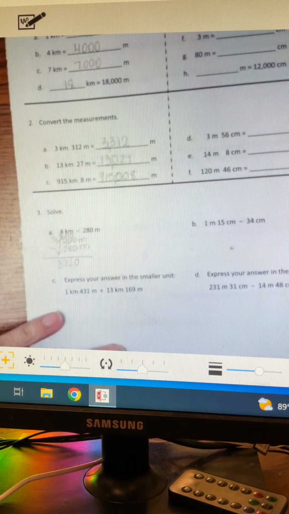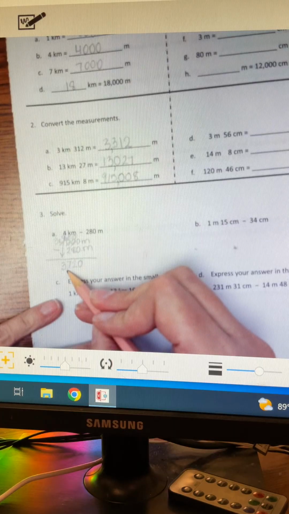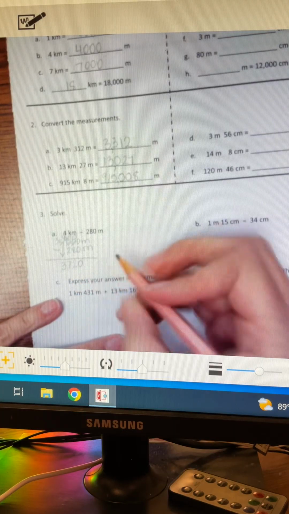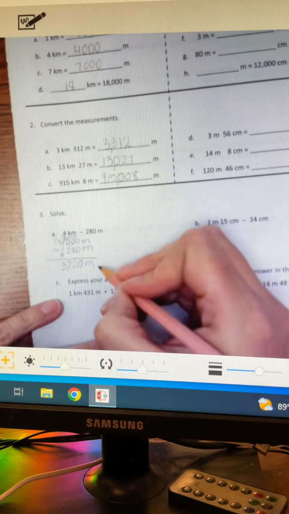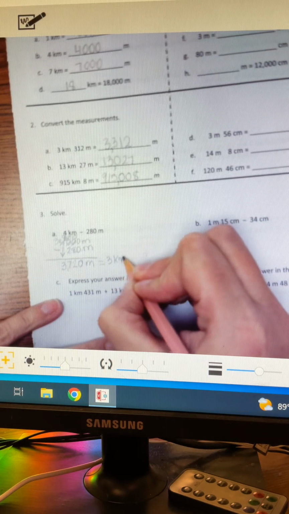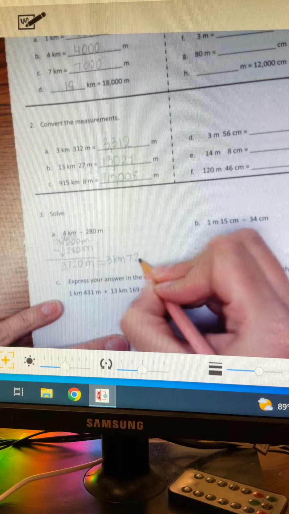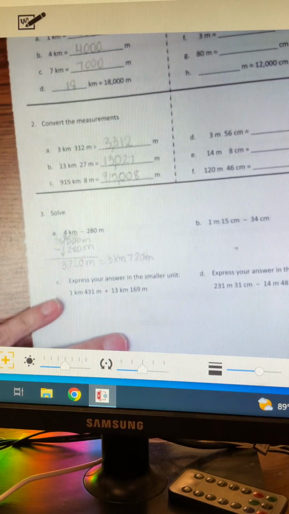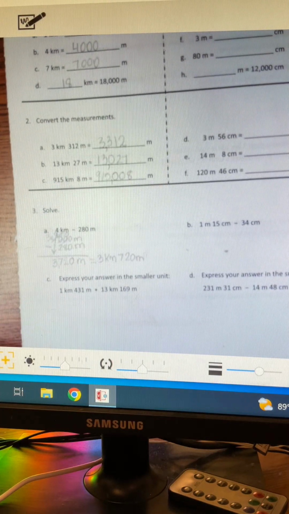Now we know that the answer is 3,720 meters, or it's 3 kilometers, 720 meters. Does that make sense? You're going to do the same thing with centimeters. Remember, 1 meter is equal to 100 centimeters. First convert it, then subtract it.